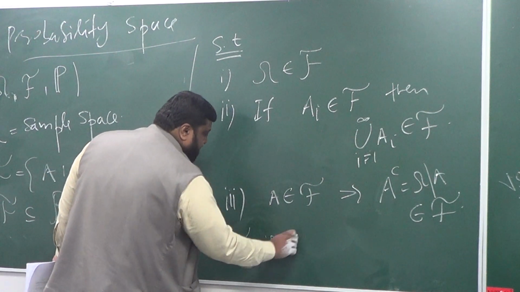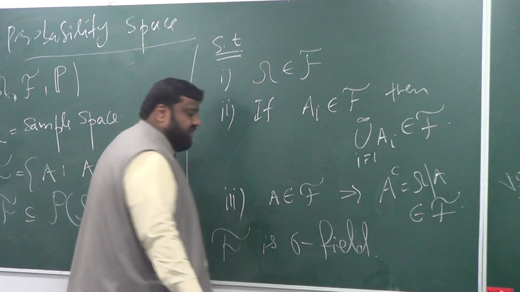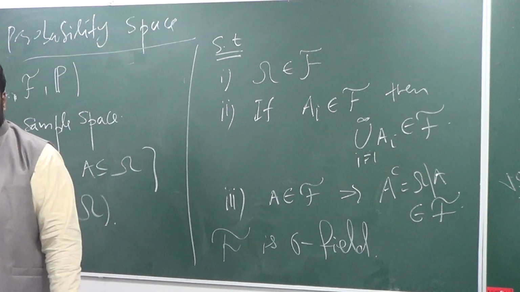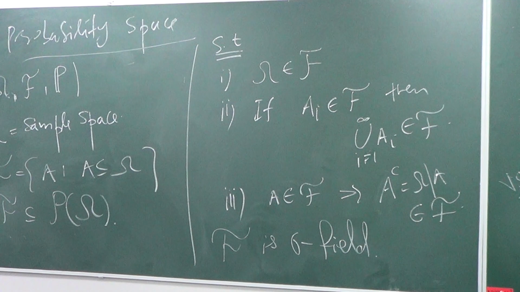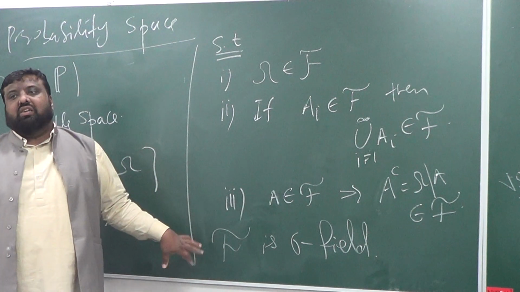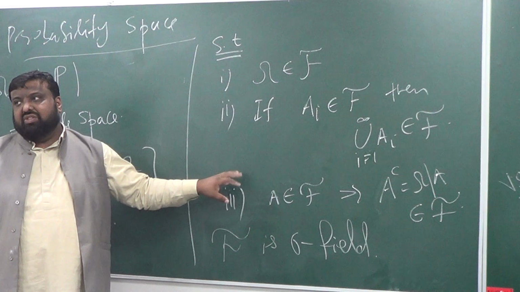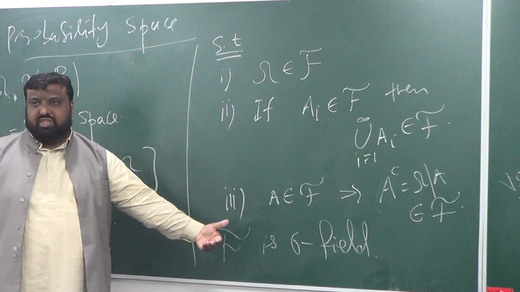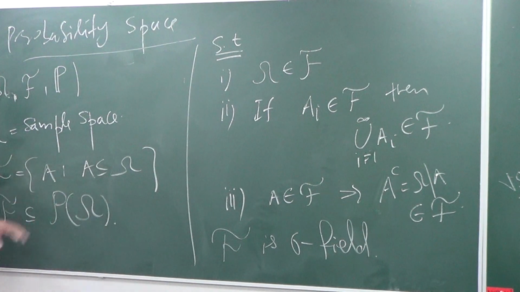You give it the name sigma field. As I said, this is the minimum structure that you need to define the notion of measurability, which we are going to define later.